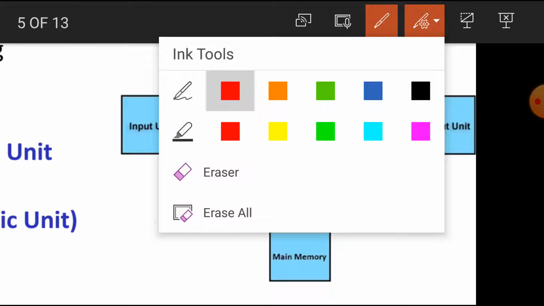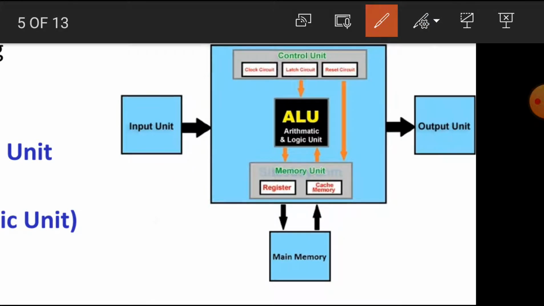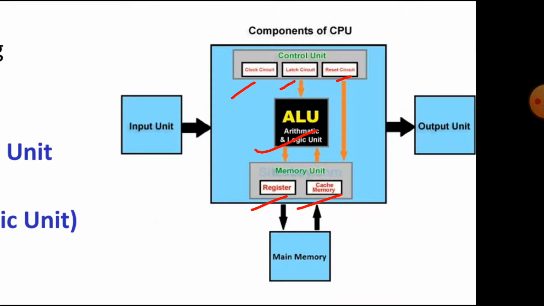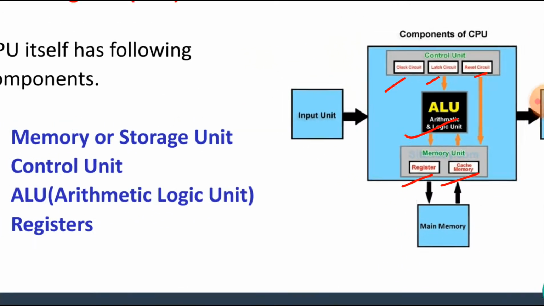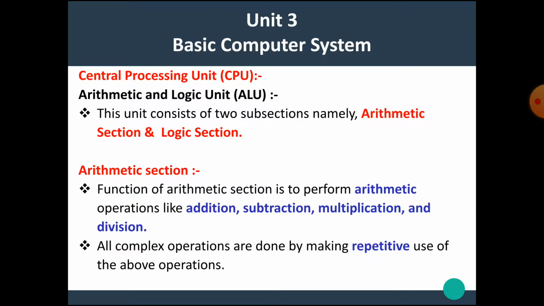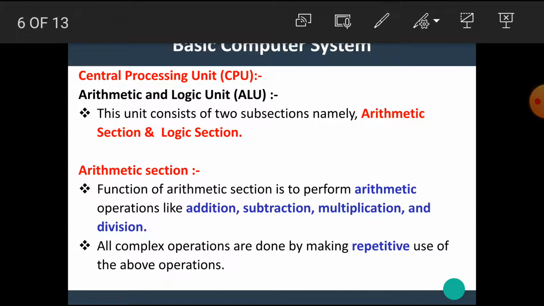In control unit, we can see here there is a clock circuit, latch circuit and reset circuit. In ALU, there is arithmetic and logic unit. In memory unit, there are registers and cache memory. This is the simple block diagram of any CPU. Now let's see the details of each block one by one.